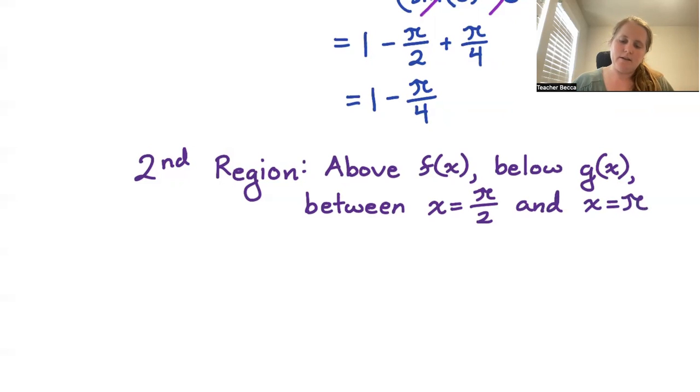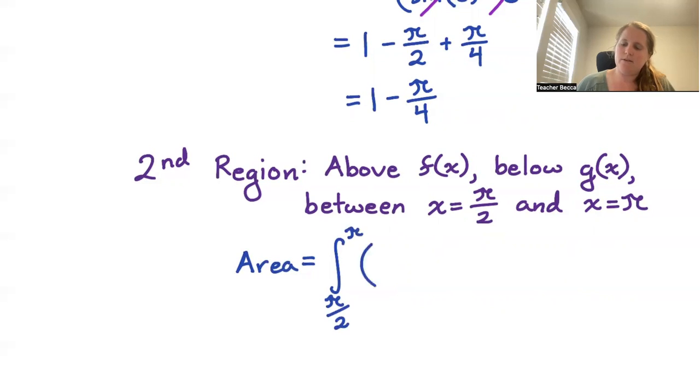So in this case, the area here, we would be looking at the integral from pi over 2 to pi of, this time g of x is on top, so we would do g of x minus f of x dx.